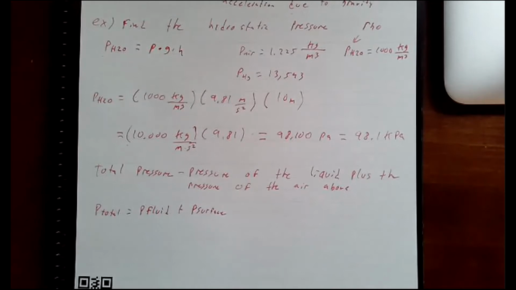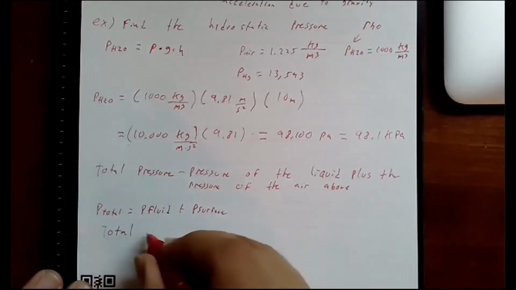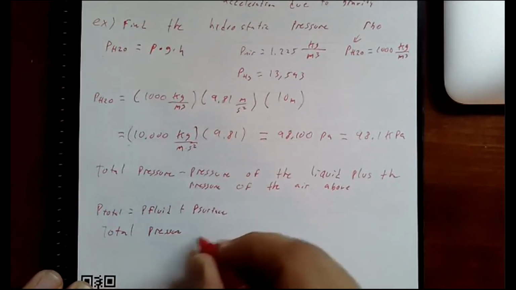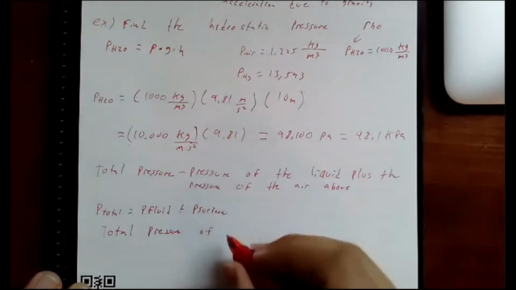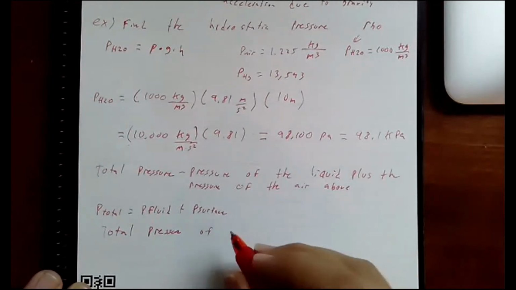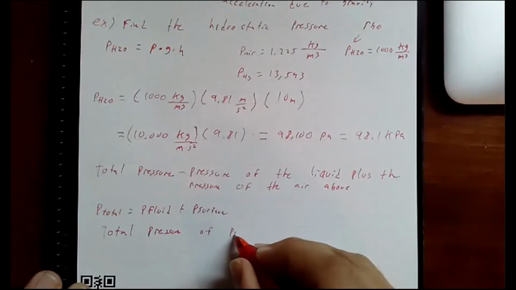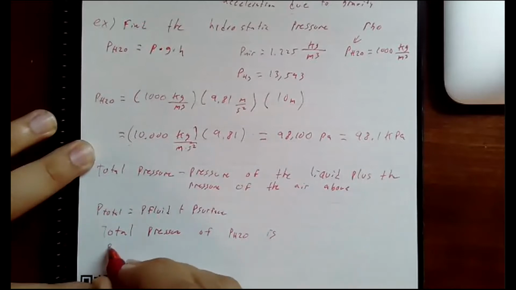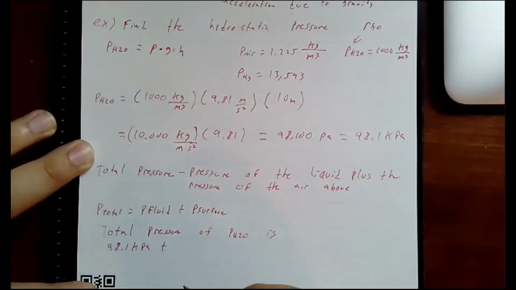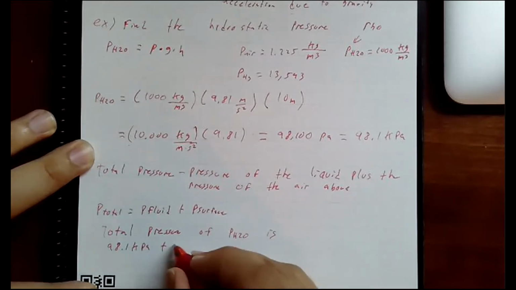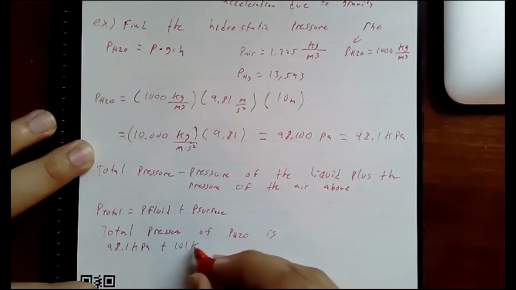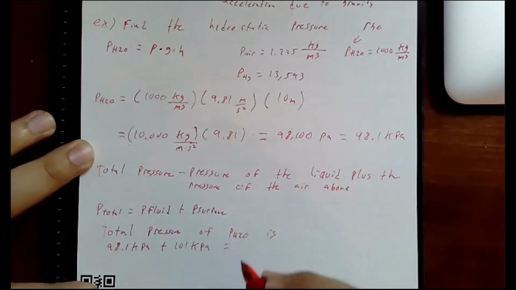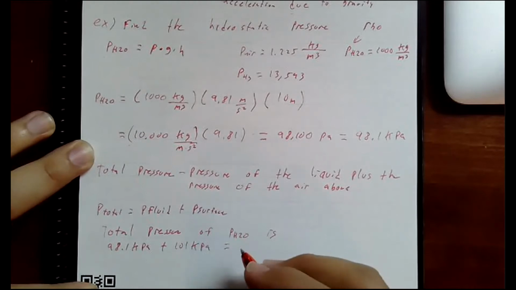So the total pressure of H2O would be that number we calculated, 98.1 kPa, plus the atmosphere. One atmosphere we said is 101 kPa, which would give us 199 kPa, right?